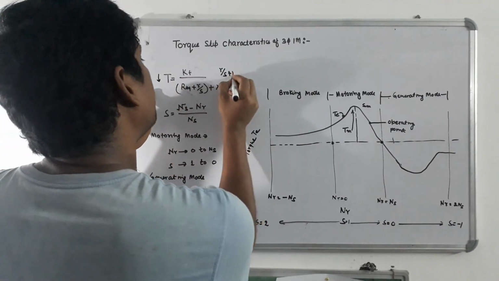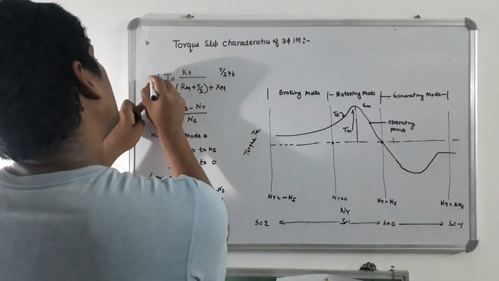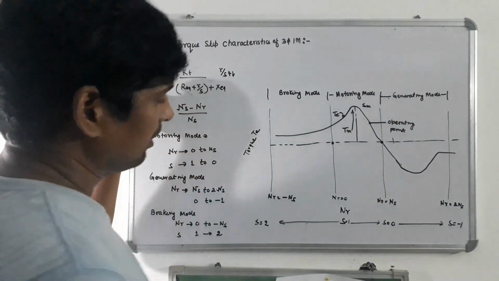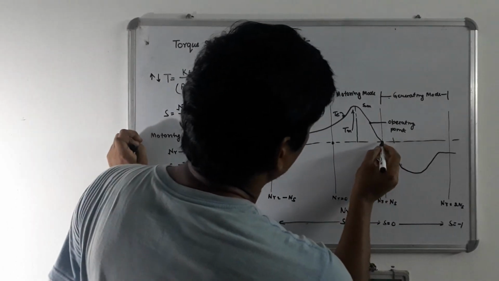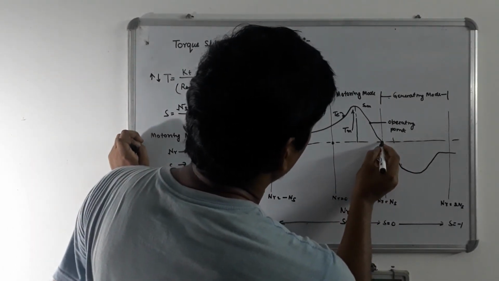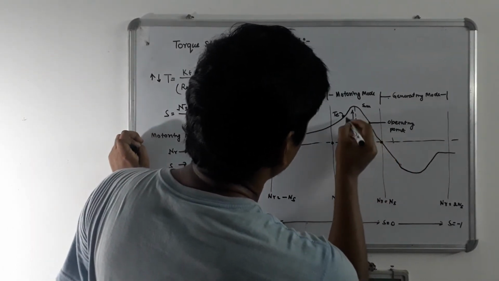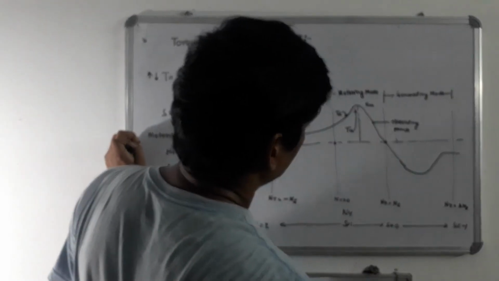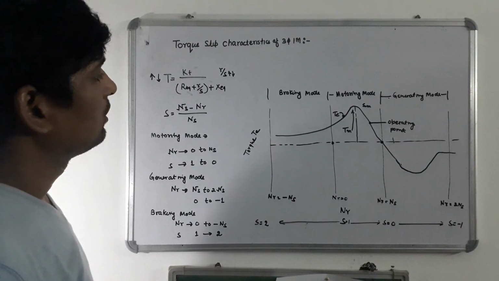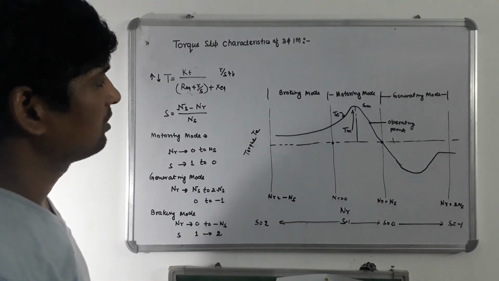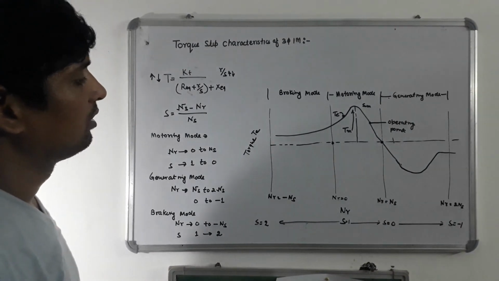If slip is decreasing, then torque is increasing. Through this equation, we see that it starts from here, goes through this, and comes here. This is the characteristics of the three-phase induction motor. Thank you very much.